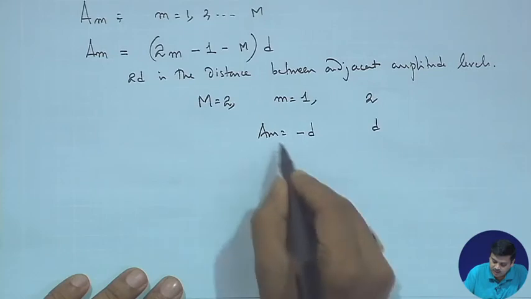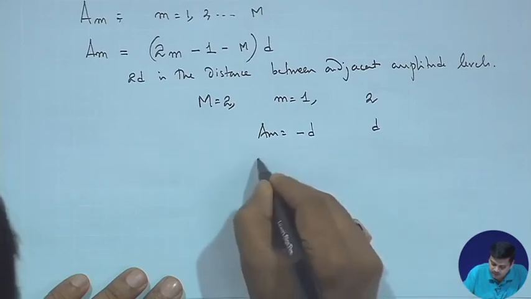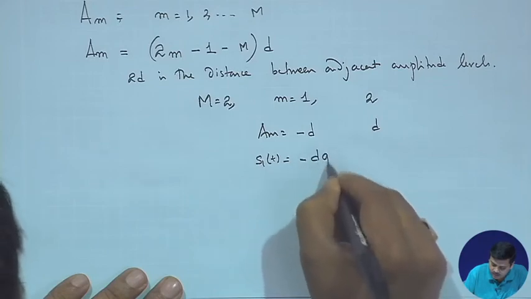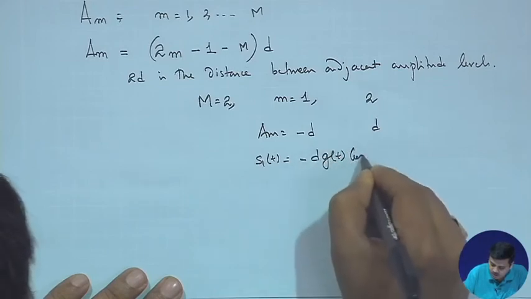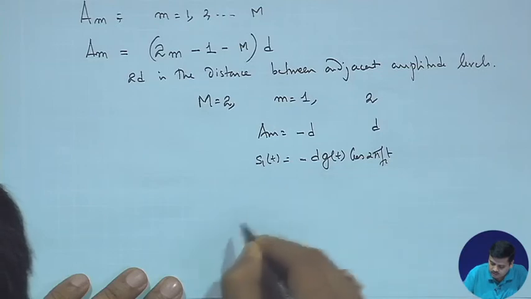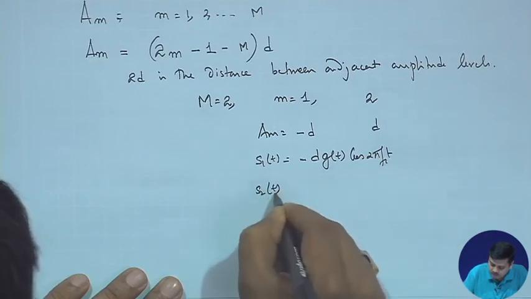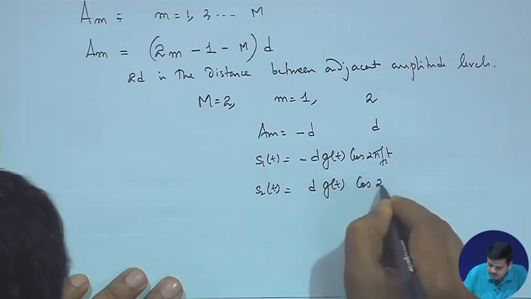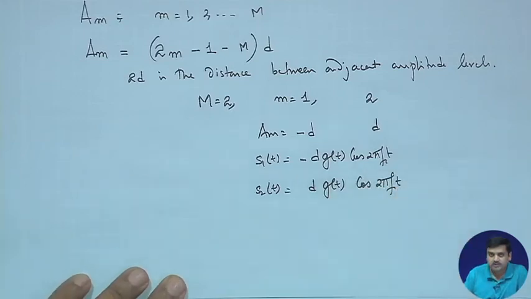So, in one case you have S1 of t equal to minus d times g(t) cos 2 pi fc t, and S2 of t equal to d times g(t) cos 2 pi fc t.